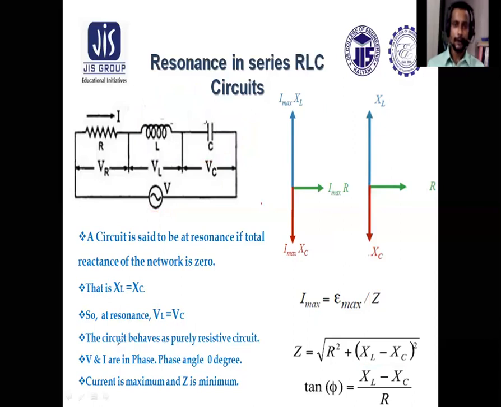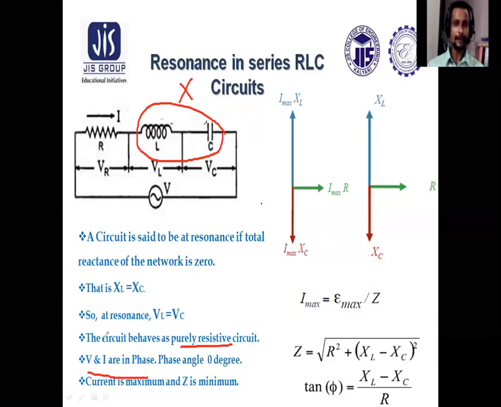Okay. Now the circuit behaves as a purely resistive circuit. When XL and XC are equal, the XL part will cancel the XC part. So the net reactance effect, the effect of this inductance and capacitance, will no more be there. So if this part is having no effect, then the circuit is having only resistance. So that circuit will behave as a purely resistive circuit. For a purely resistive circuit, voltage and current are in the same phase.